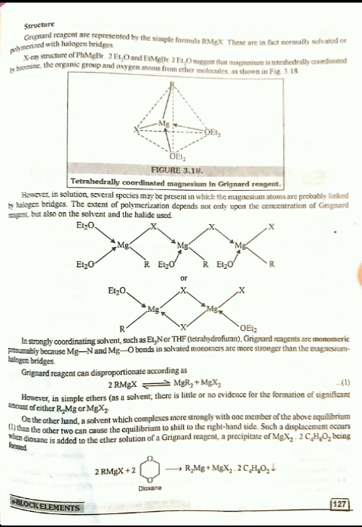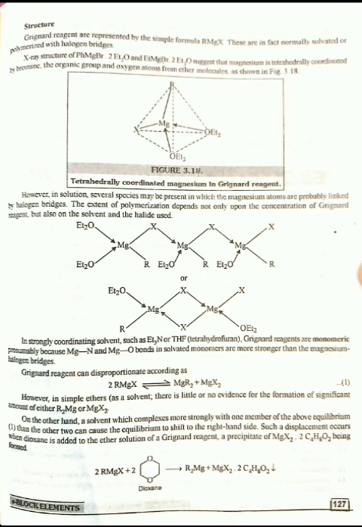The extent of polymerization depends not only upon the concentration of Grignard reagent but also on the solvent and the halide used. In strongly coordinating solvents such as Et3N or THF, tetrahydrofuran, Grignard reagents are monomeric, presumably because Mg-N and Mg-O bonds in solvated monomers are stronger than the magnesium halogen bridges.